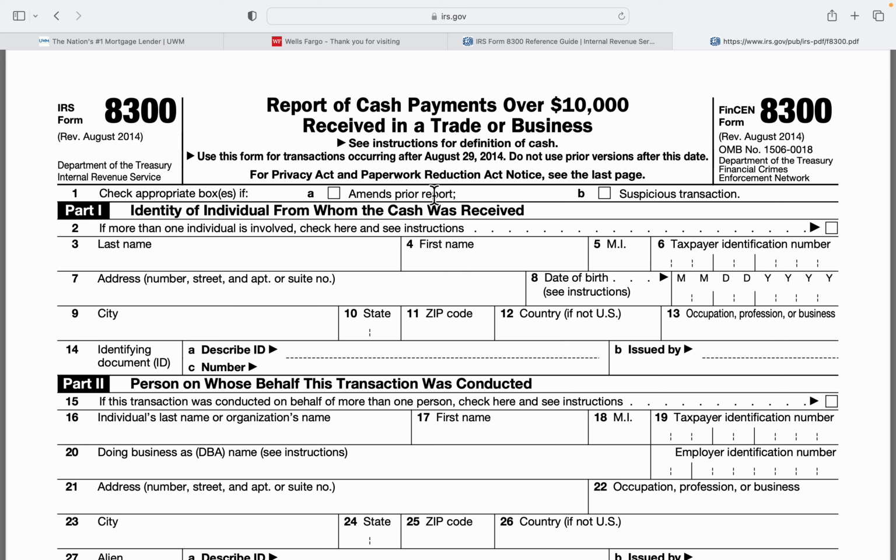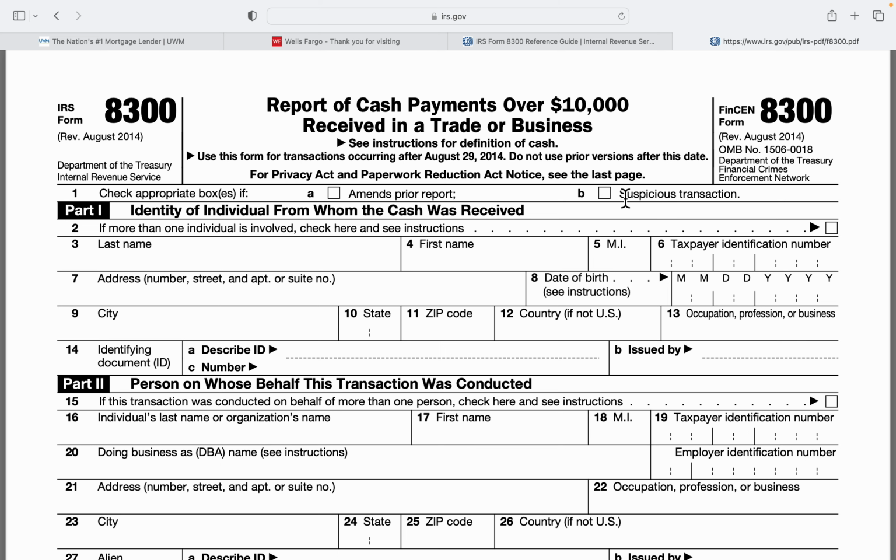Box A is if you filed the form and something needs to change, maybe you missed some details about the person, or how the cash transaction was reported on the form. You will check box A to get that information corrected.